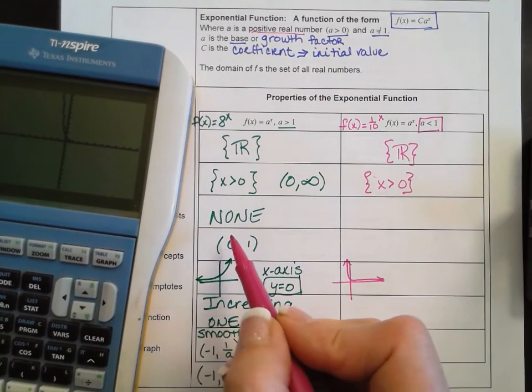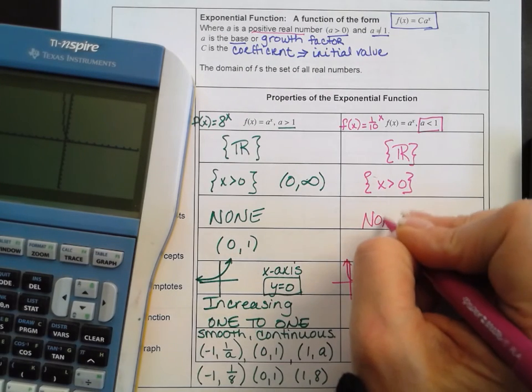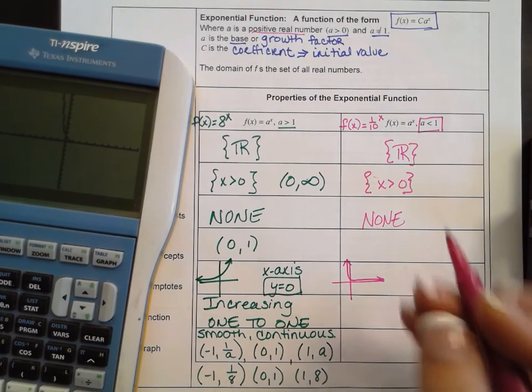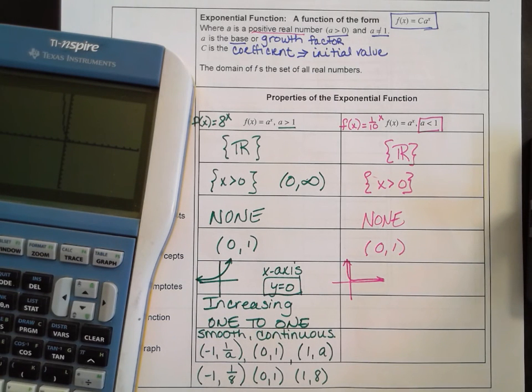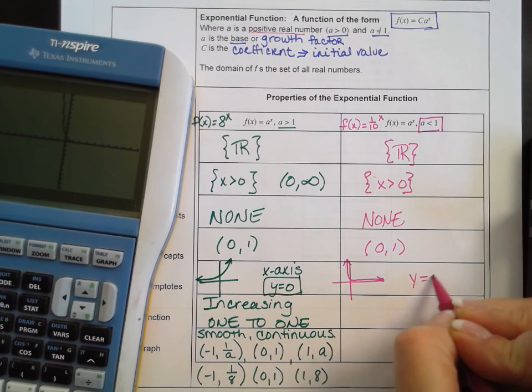Do I have any x-intercept? No, so that one stays the same. What about my y-intercept? That one's going to stay the same. Do I still have the asymptote? Sure do. Still y equals 0, so it stays the same.